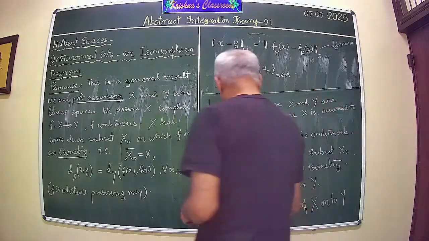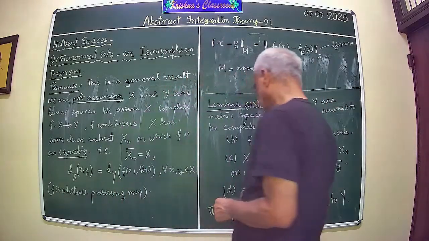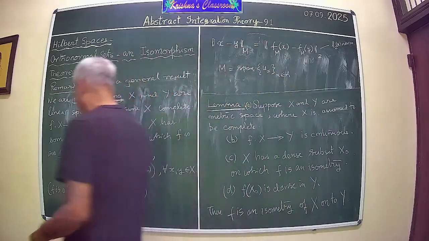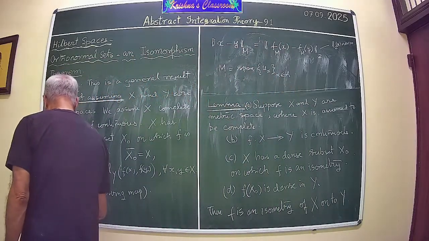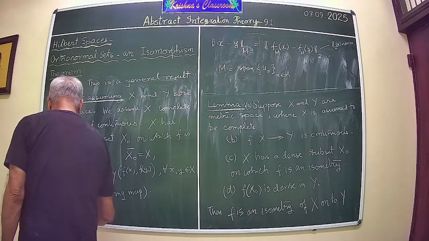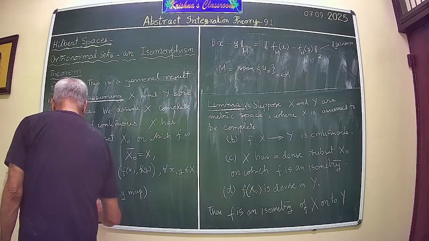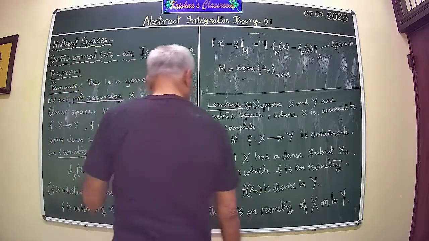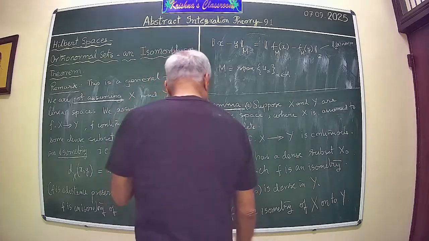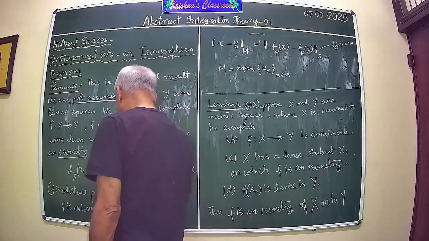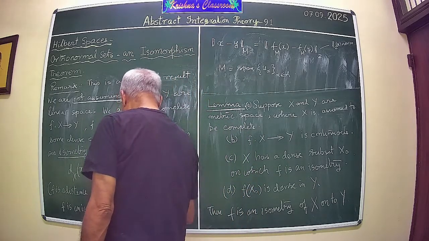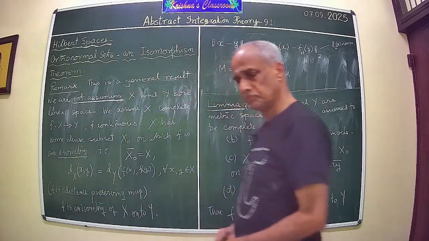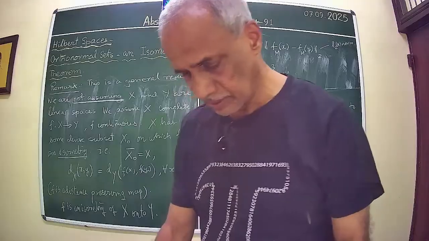Then what we can prove is that f is an isometry of X onto Y. Let us first prove this result.